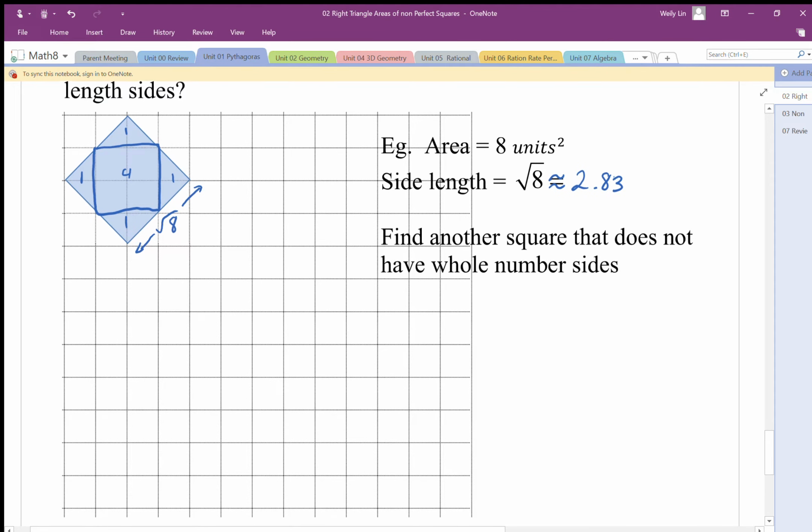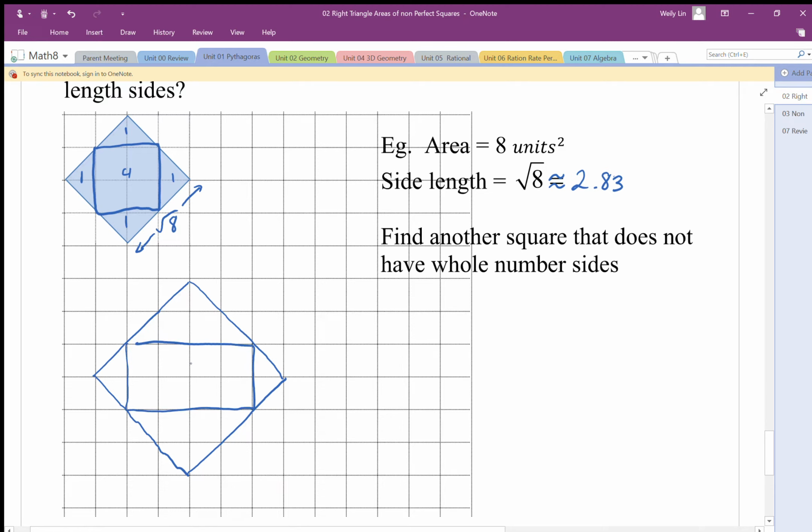Now, we can draw other squares that don't have whole number sides. And the easiest ones are when we draw this at 45 degrees like this. Okay, we can draw another one that's slightly bigger. And that, again, must be a square. And this one's actually easy to count the squares in because we can kind of block this out. There's 8 squares here, 2 here, 2 here, 1, 1, 1, 1.